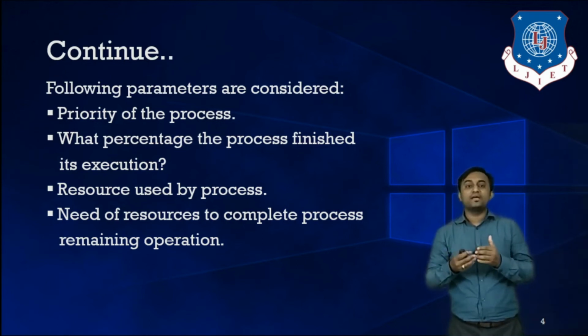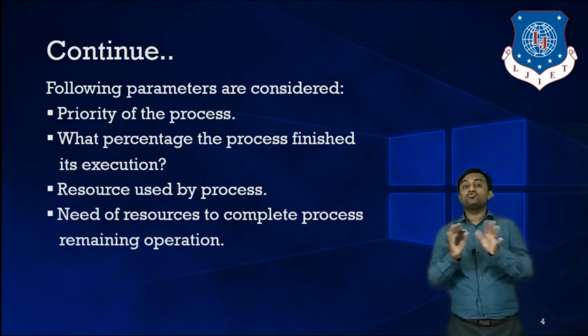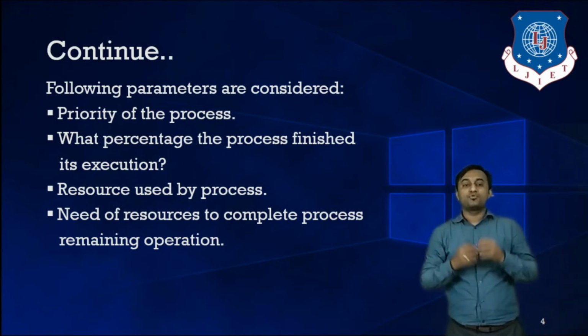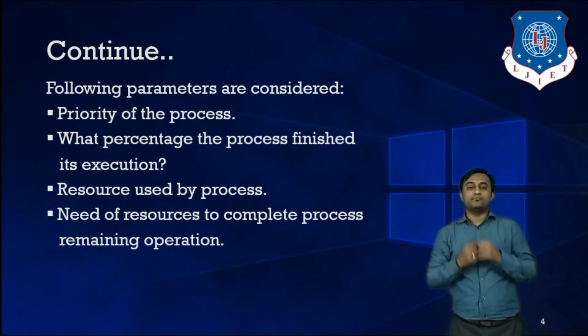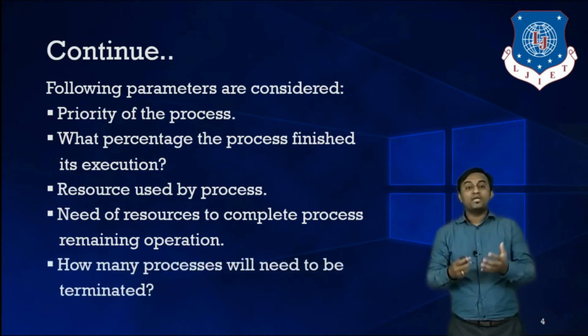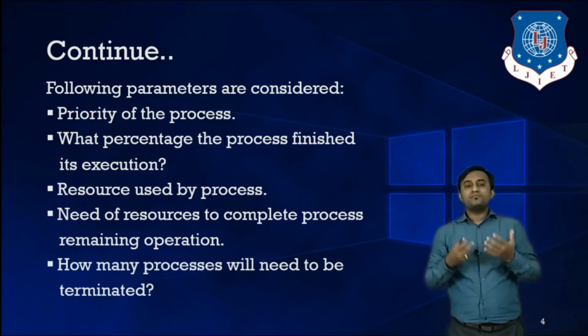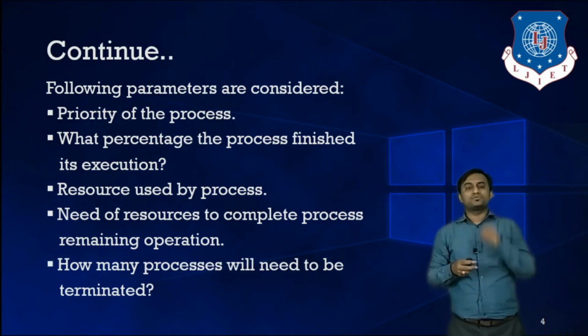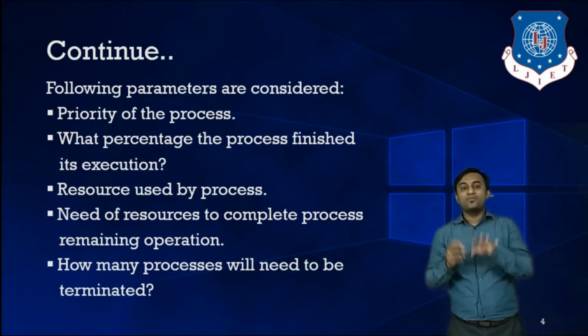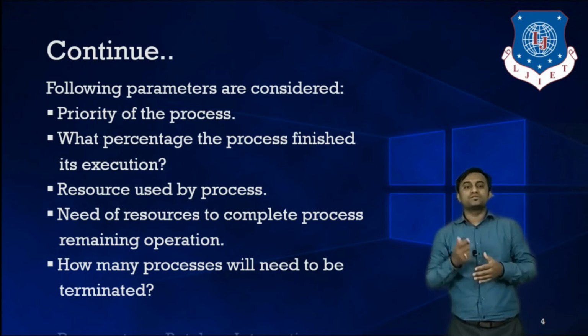What type of resources and how many are associated with that process, according to that we need to select a process as a victim for aborting. Next is how many processes will need to be terminated. If you pick one process, how many processes would be associated with it? Again, that is an important parameter we need to consider.